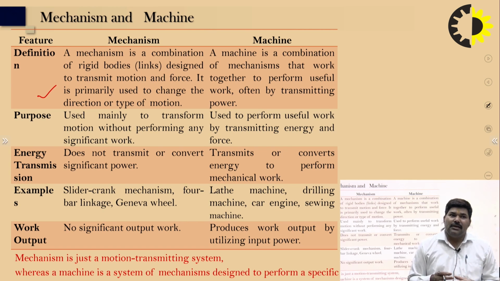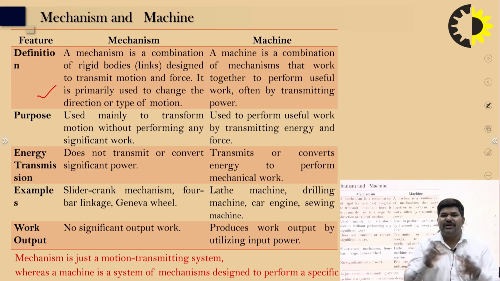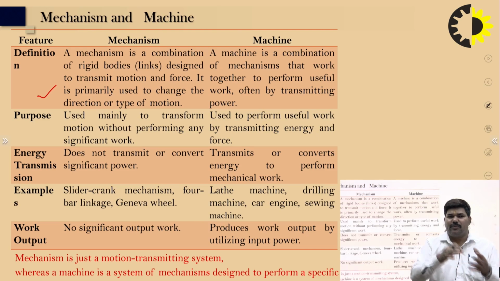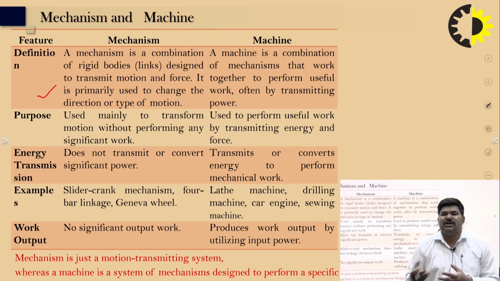So, a machine is a combination of different types of mechanisms, and these mechanisms transfer the force or perform useful work by transmitting energy and forces.